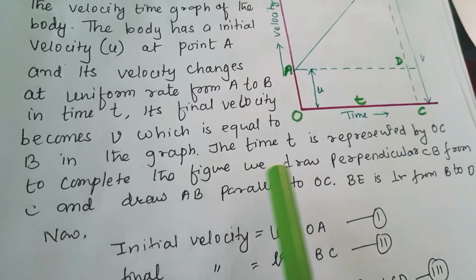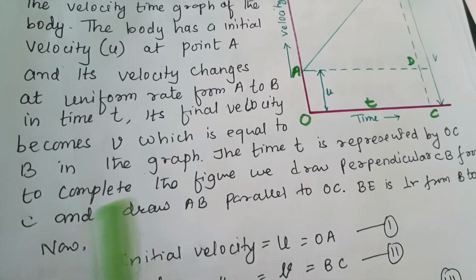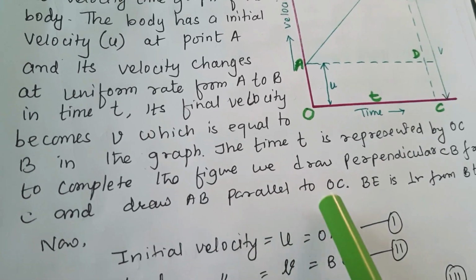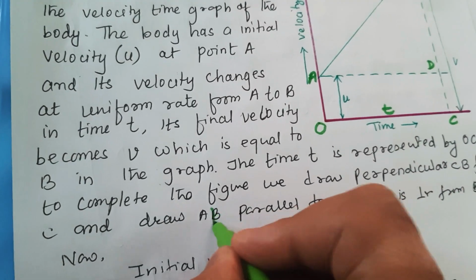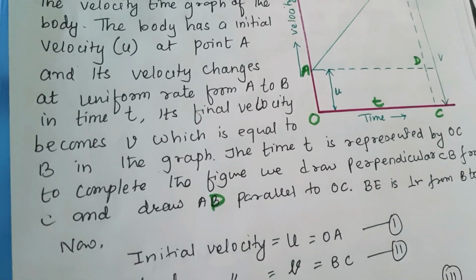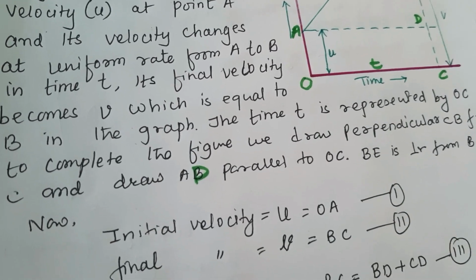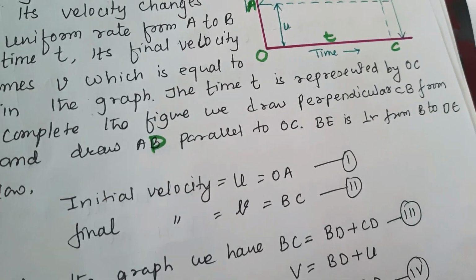To complete the figure, we draw a perpendicular BC from C, and draw AD parallel to OC, and BE perpendicular from B to OE.